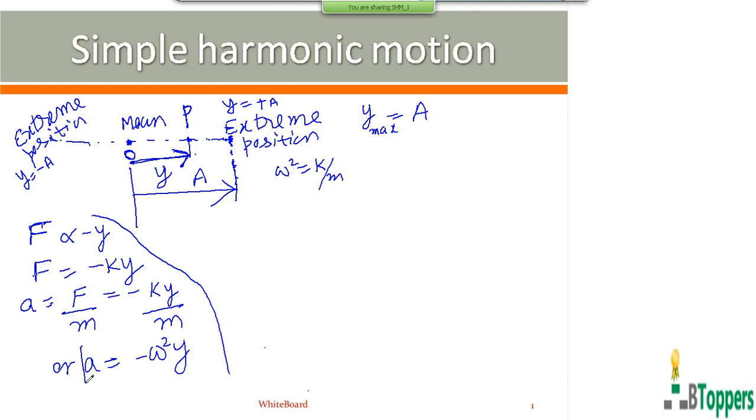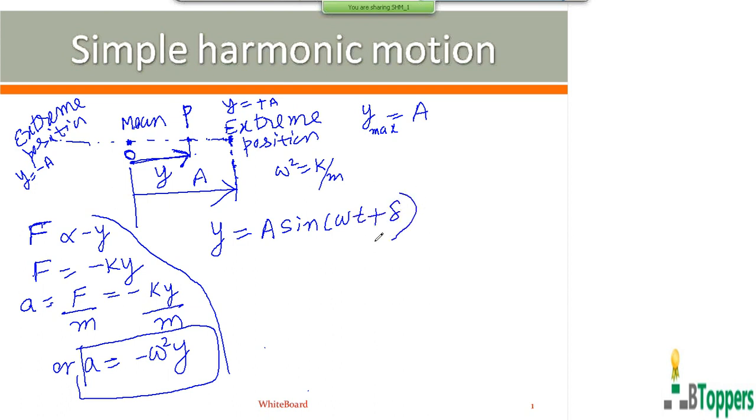As I discussed, the solution of this equation can be written in any one of the two standard forms. The displacement y for the particle performing simple harmonic motion, which is measured from mean position, can be expressed in one of the two standard forms, y equal to A sin(omega t plus delta), or it can also be expressed as y equal to A cos(omega t plus delta), one of these two forms.